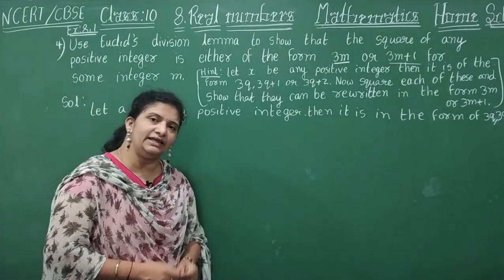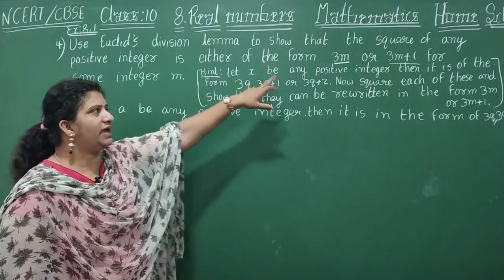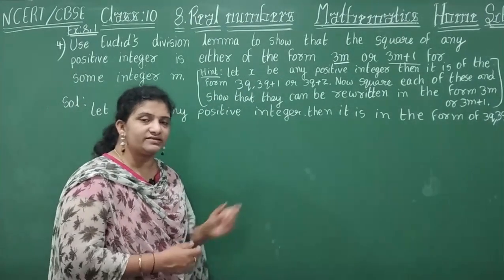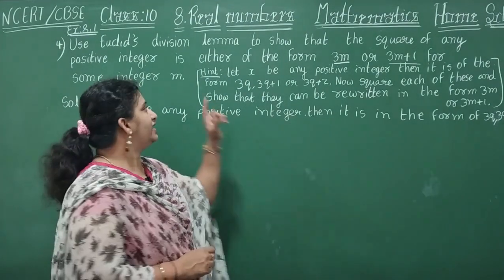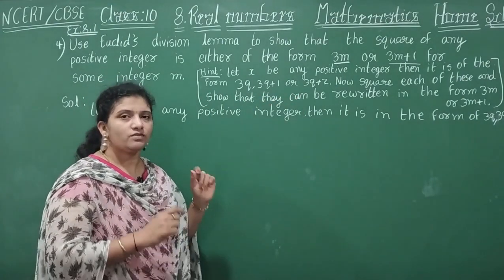So there is a hint given here, children. What is the hint? Let x be any positive integer. So in this hint we can see, consider x as a positive integer. Then it is of the form 3q, 3q plus 1, 3q plus 2.